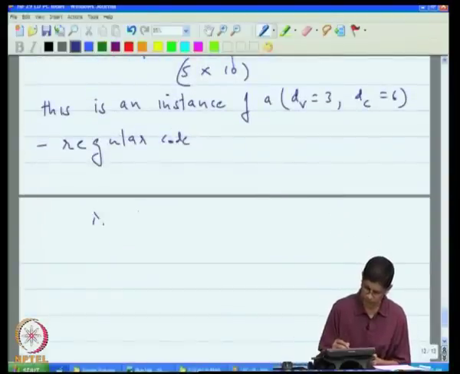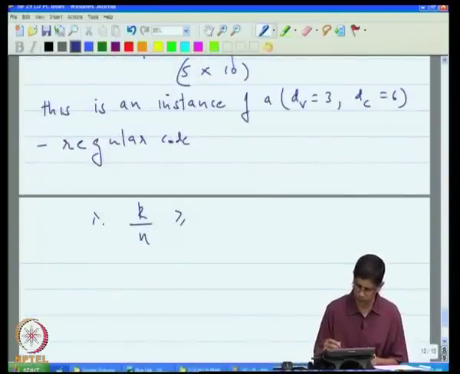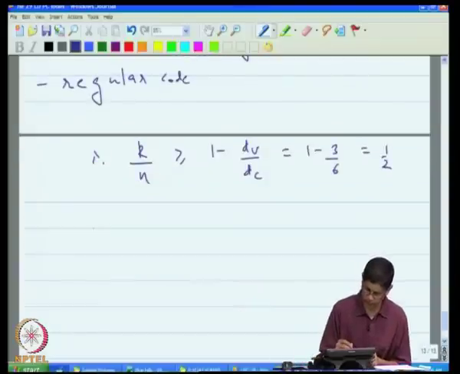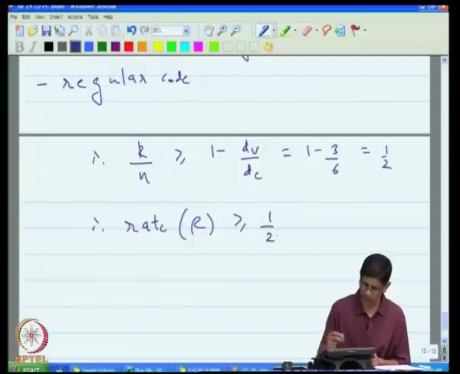Therefore, in terms of the rate of the code, we can actually say that the rate is greater than 1 minus dV by dC, which is 1 minus 3 by 6, which is equal to 1/2. So, therefore, the rate of the code is greater than or equal to 1/2.